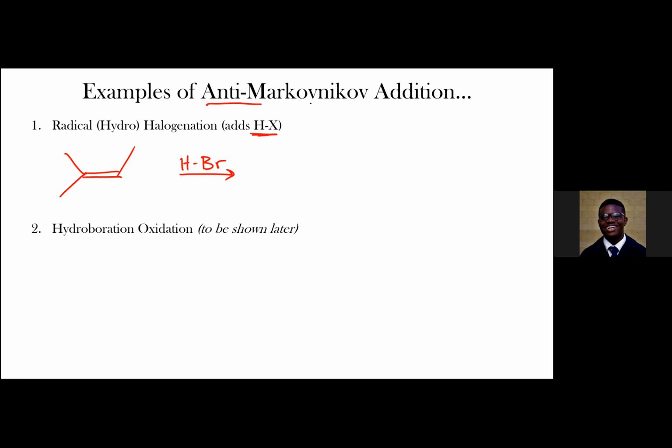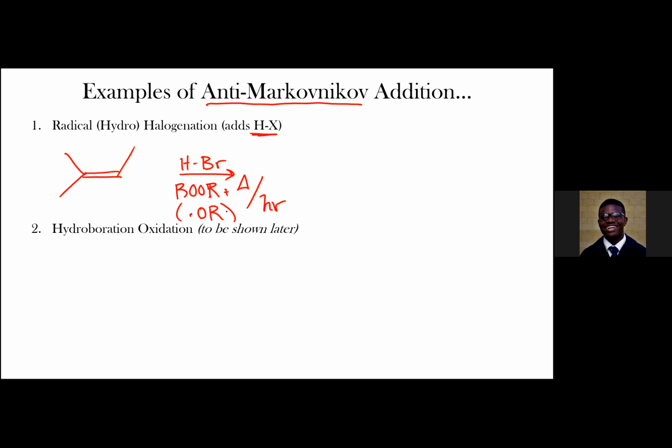The way that we do that is by using peroxide, or ROOR, in the presence of the energy of a photon. And then OR is going to be the form that it takes in the reaction.